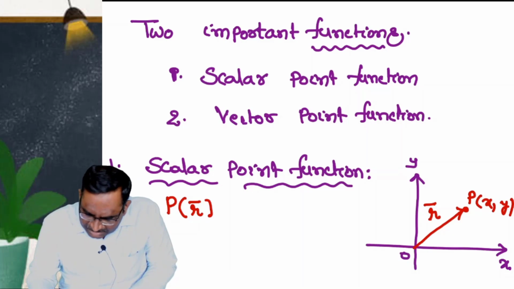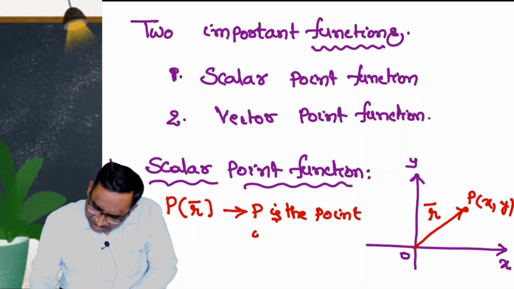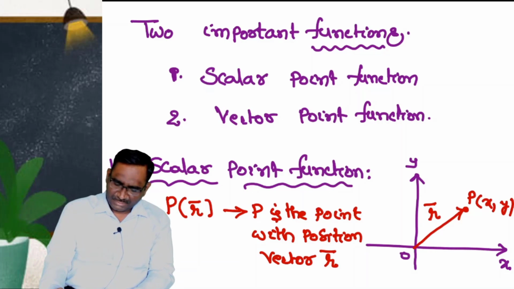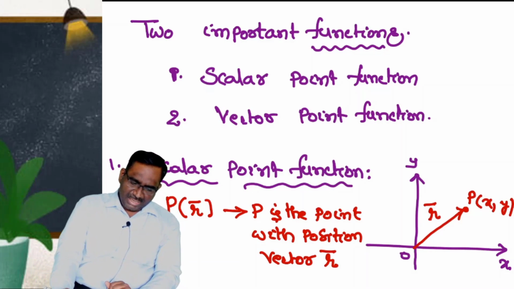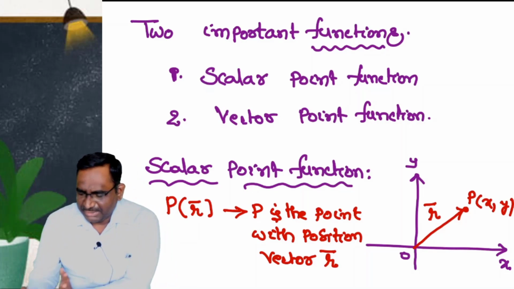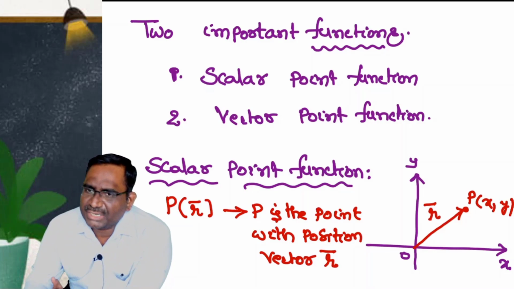P is the point, so this means P is the point with position vector r bar, right? Suppose there is a point in a plane.